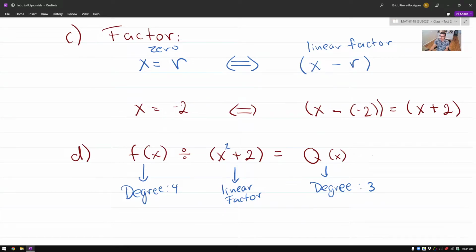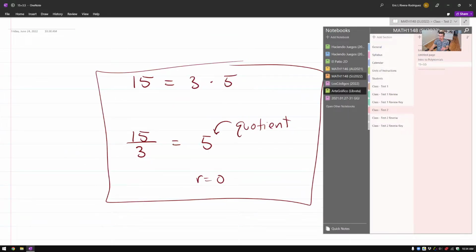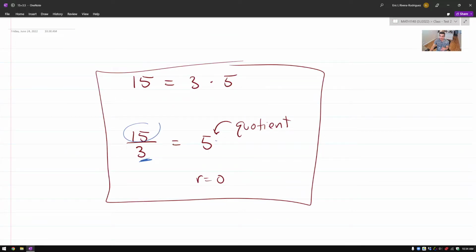Okay, also the remainder is going to be equal to 0 because x plus 2 is an actual factor of the polynomial. Okay, the same effect that happened when we divide 15 by 3, the quotient is exactly an entire integer. The remainder is going to be 0.